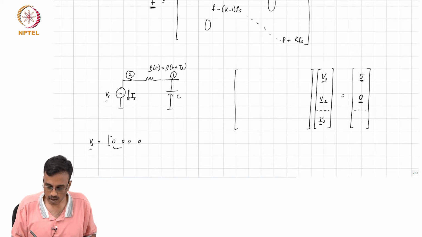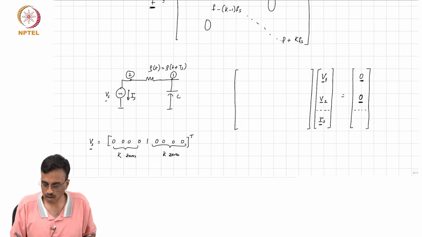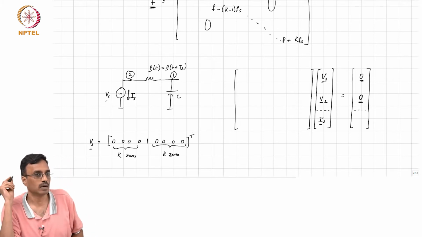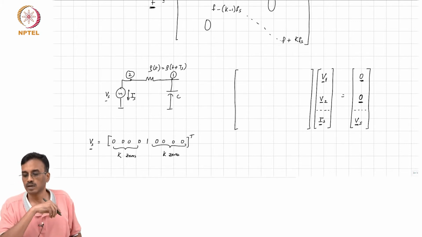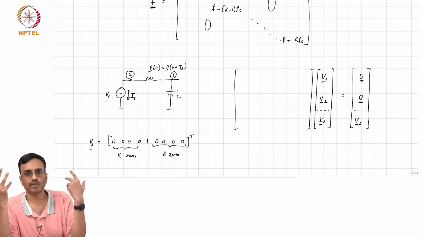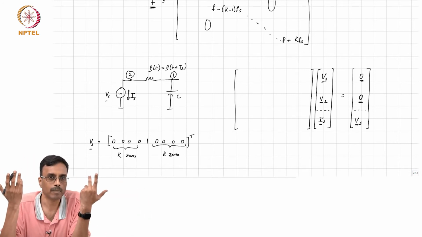Yeah, there will be capital K zeros, then there will be a 1, and then does it make sense, people? Right. So, as you can see, the mechanics of the whole process is just the same, right?